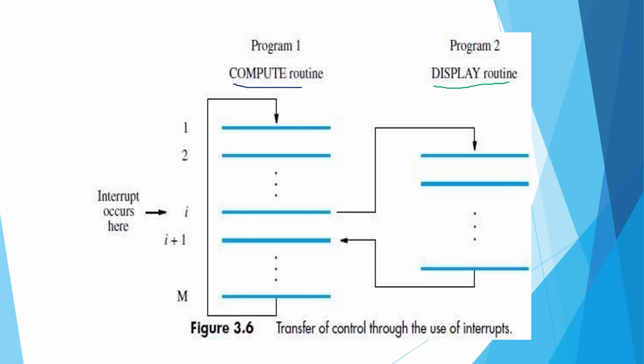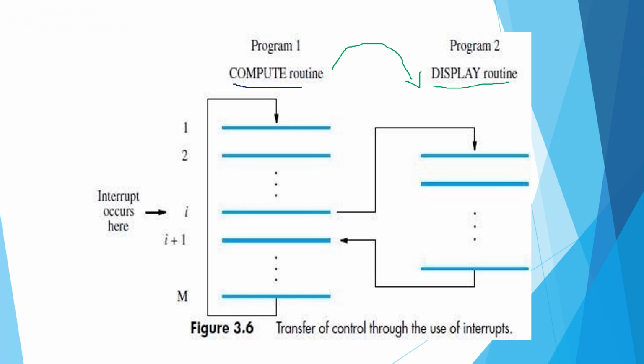So if we are using program controlled IO, it will send one line and after printing that line, it can compute the next line. Hence, the processor spends a considerable amount of time waiting for the printer to become ready.